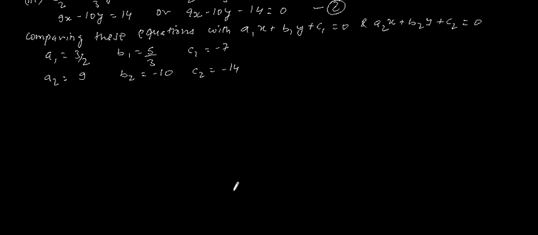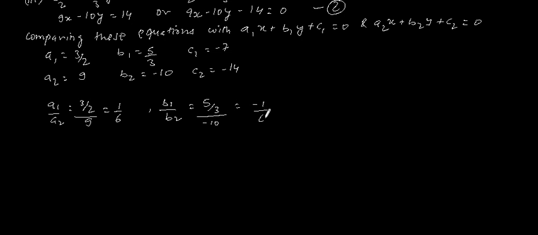So a1 by a2 is equal to 3 by 2 divided by 9, which is equal to 1 by 6. b1 by b2 is equal to 5 by 3 divided by minus 10, which is equal to minus 1 by 6.